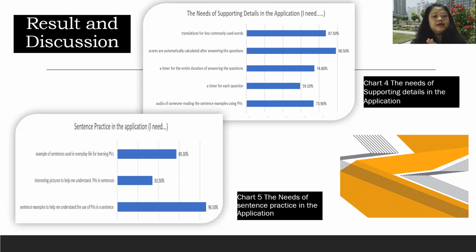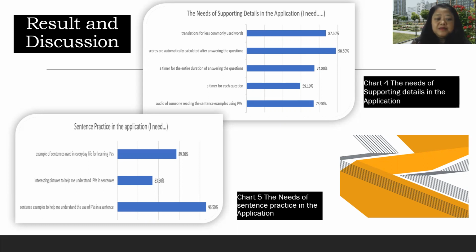So here, the second result is chart 5, the needs of sentence practice in the application. We have 3 questions only, on whether they need examples, interesting pictures, or sentence examples in paragraphs. The good thing is that on the last one here, over 95% say they need an example to help them understand the PV in a sentence.